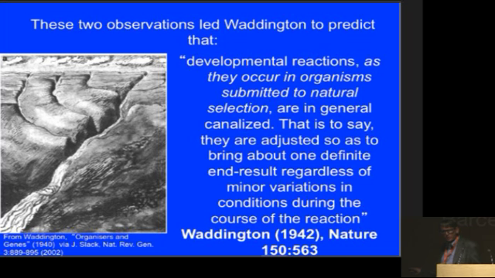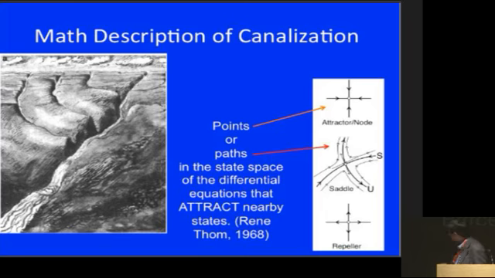So this in a developmental system is in the context of losing it. Now, at the time Waddington made these pictures, there was no math description of canalization. That was devised in the 1960s by René Thom. And the basic idea was that there were attracting sets. And with this audience, I don't really have to go through attractors in detail.